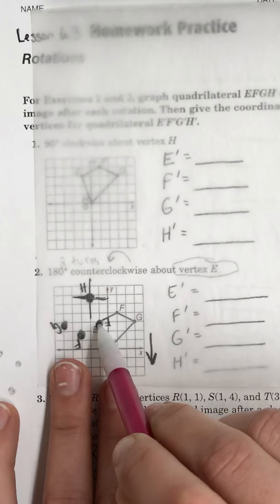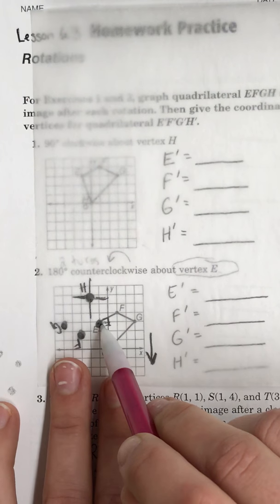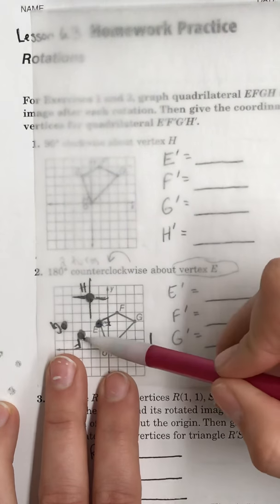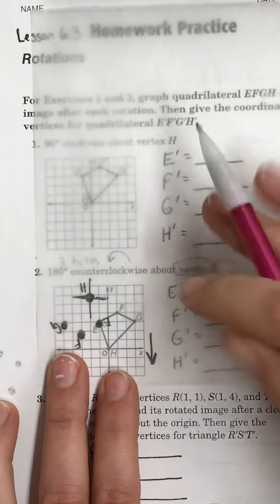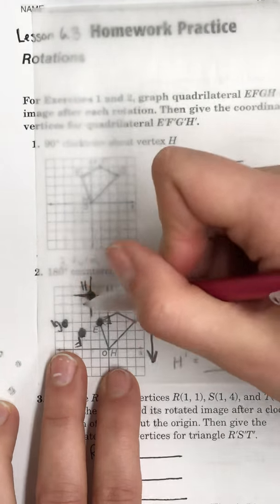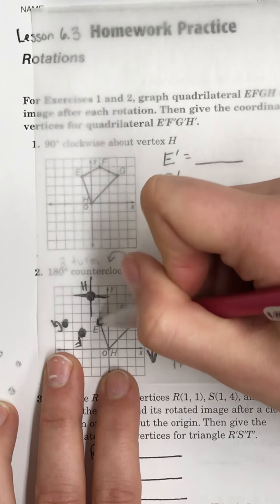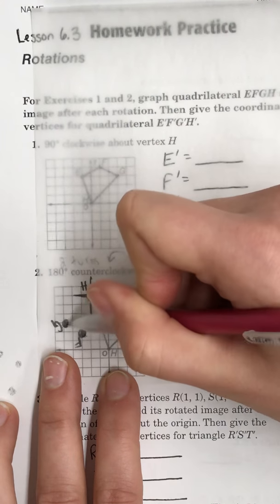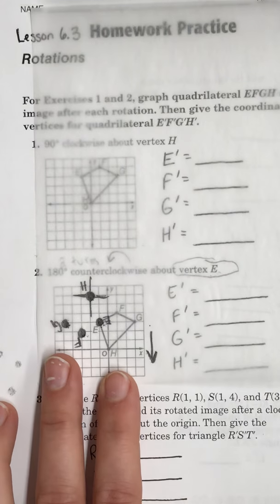Now I want to make sure that point E stays where it's supposed to, and the other points are on the corners of the grid. So I'm actually going to move mine just a tad, because when you turn it, the points aren't exactly where they need to go, because the turning spot kind of gets moved just a hair.